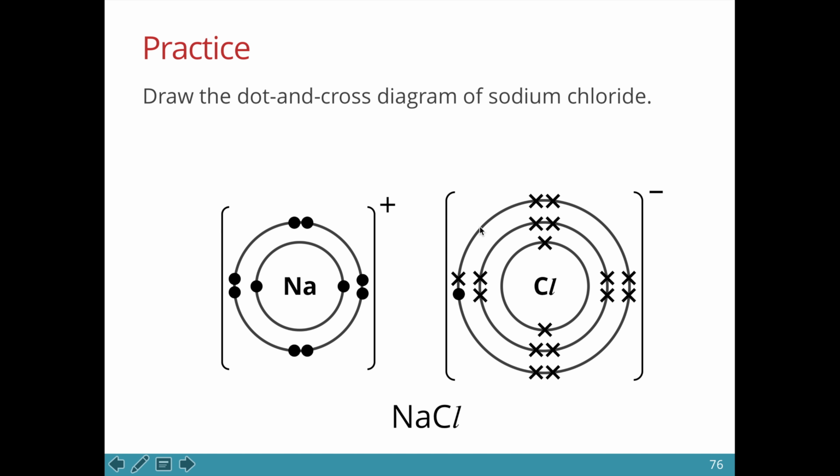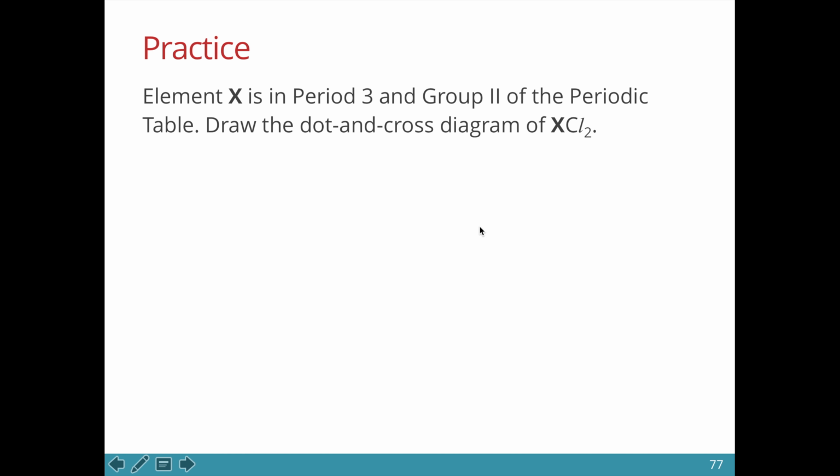Here is another example. Now we have an element X which is in period 3, group 2 of the periodic table, and we are asked to draw the dot and cross diagram of XCl2. Given this information, we can identify that element X is magnesium.